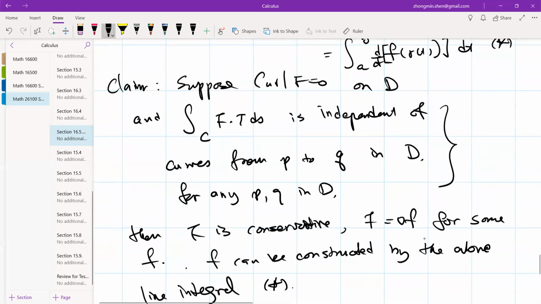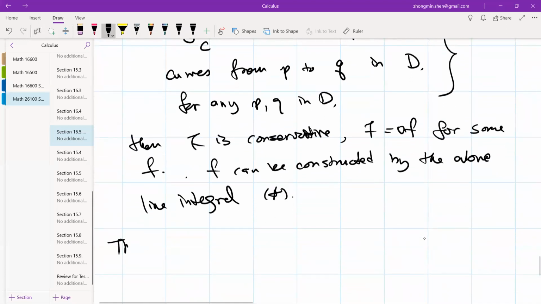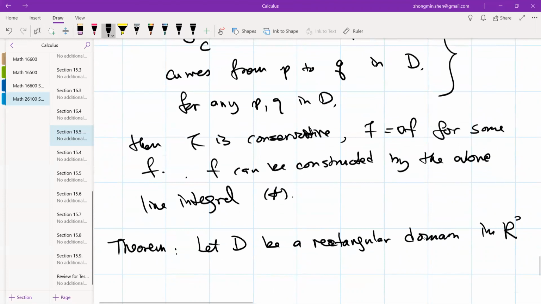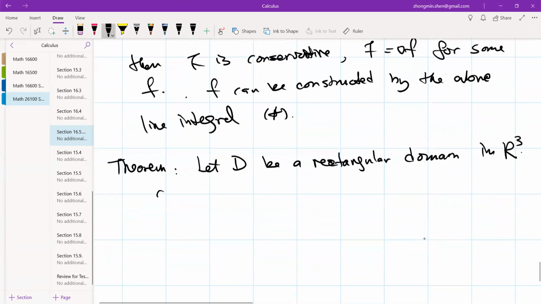The next condition is on the shape of D. The theorem in the book says, with a little modification, let D be a rectangular domain in R3, it's called a prism maybe, and the curl of F is 0.